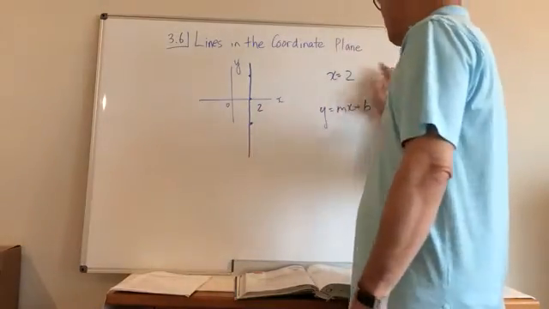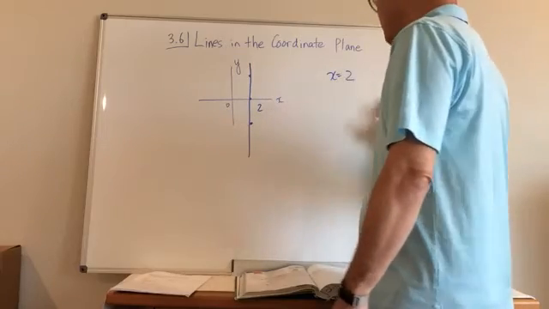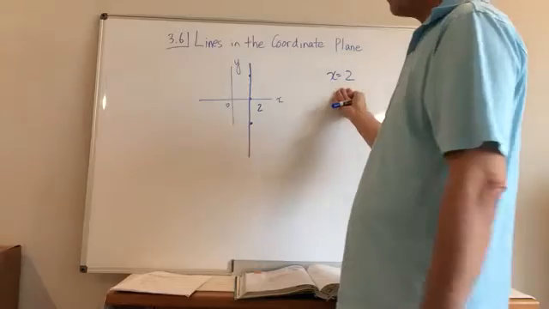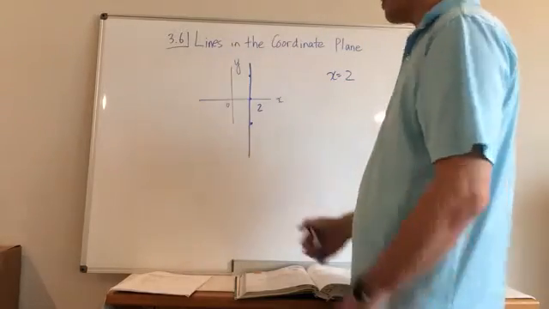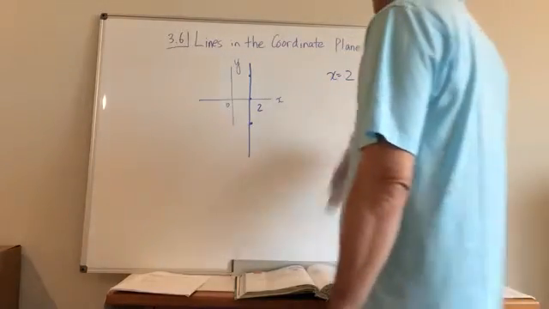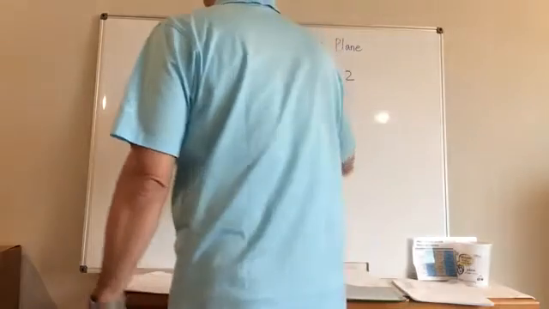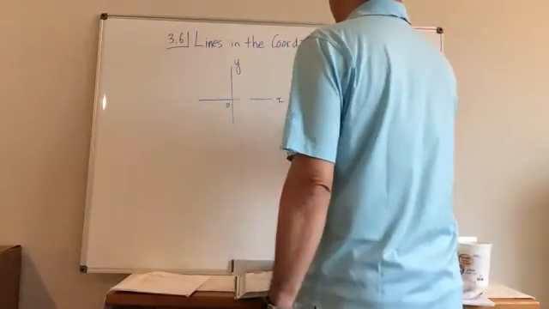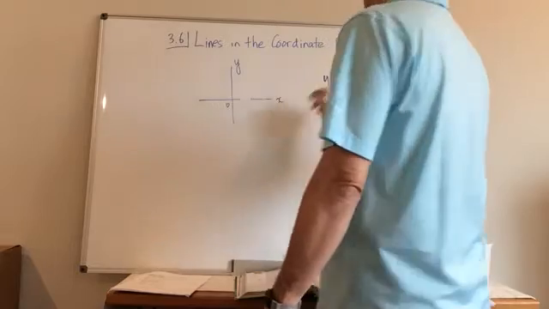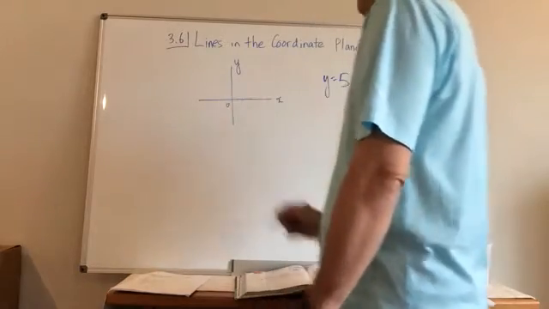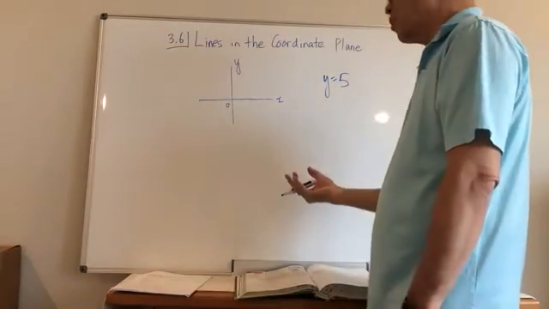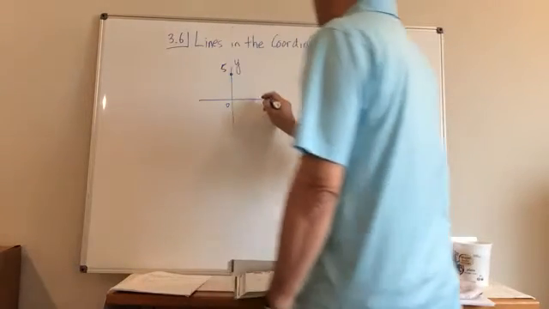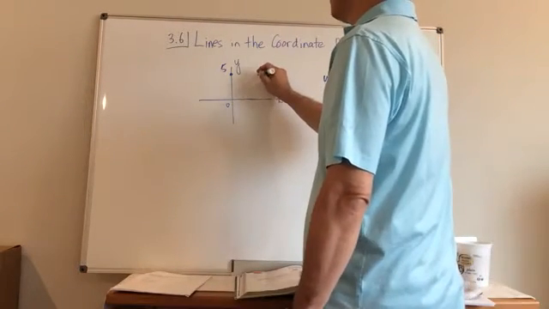Because there is no y, regardless of what y is, x is always going to be 2, and therefore it's going to look like this. The corresponding thing would be, what if I said y is equal to 5? That means that when x is equal to 0, y is equal to 5. When x is equal to 5, y is equal to 5.